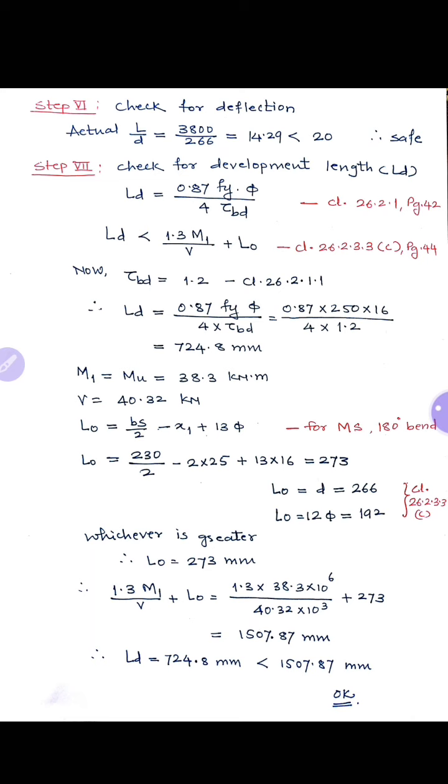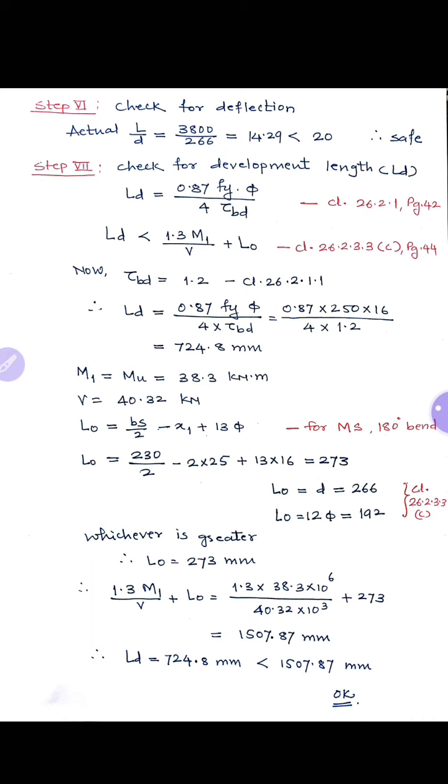Now we will calculate this M1 by V plus L0. Actually this equation is only M1 by V plus L0, but there is a note below in the clause that we have to increase this M1 by 30%, so it is multiplied by 1.3. M1 is the moment of resistance of the section, which we have already calculated as 38.3 kilonewton meter. V is the shear force, 40.32 kilonewton.